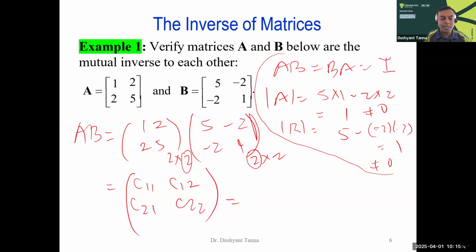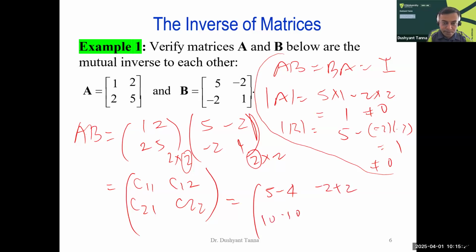Again, if you need more help, go back and revisit the week 2 concept where we were dealing with multiplication of matrices. So 5 minus 4. This is minus 2 plus 2. This is 10 minus 10.